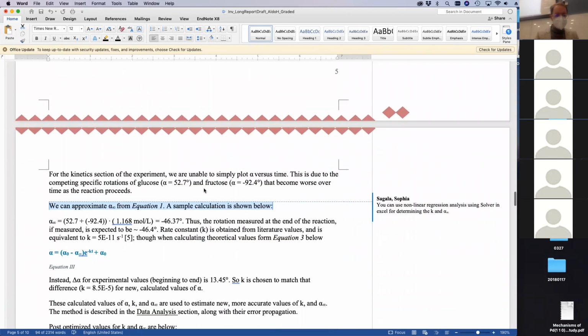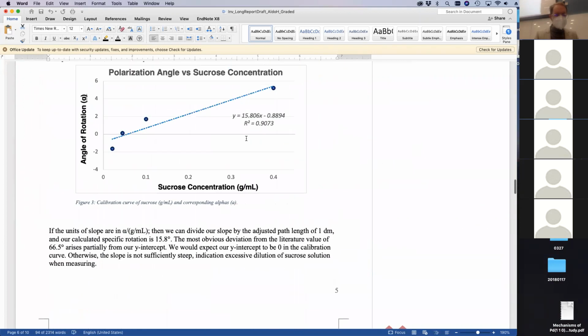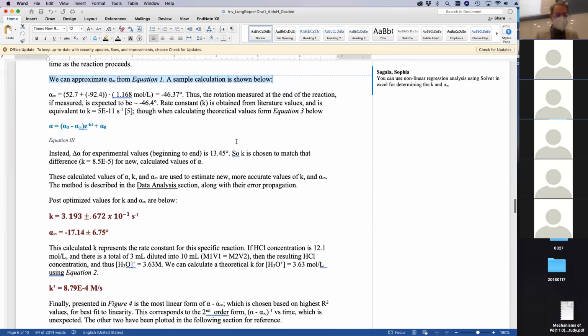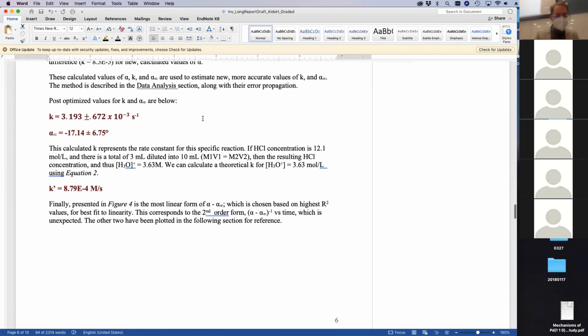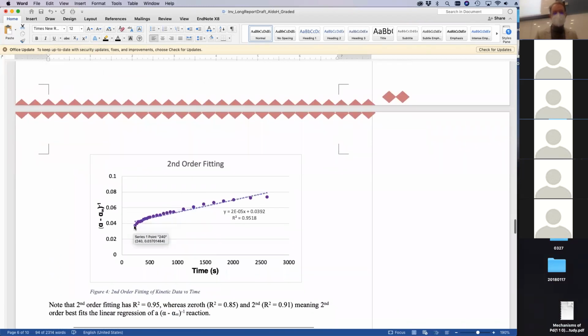Okay, and then let's see what's next. There should be some time data. Oh, okay, that's included here. So basically, they measured polarization versus time, and they report that in the form of a graph.